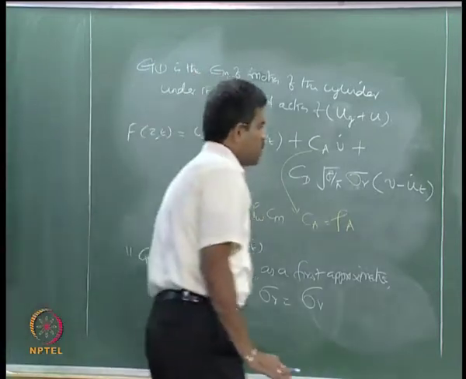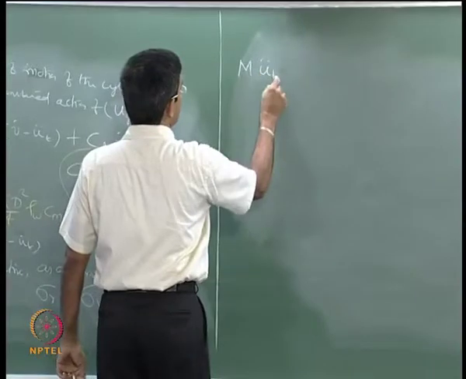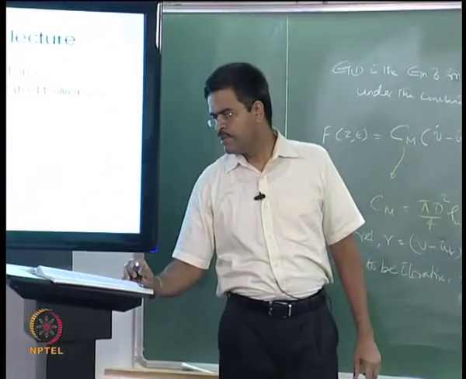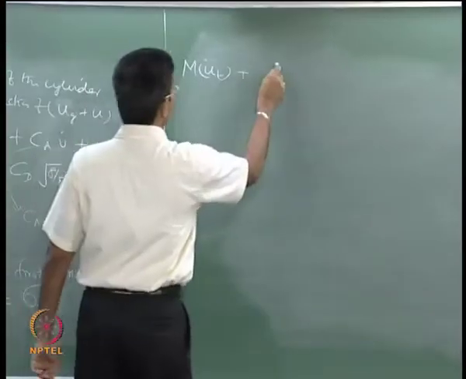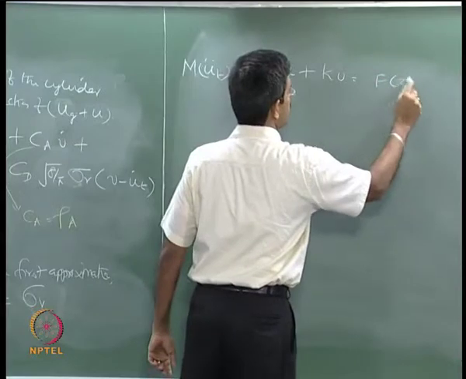So let me rewrite this equation again, okay. M u double dot total plus C u dot plus K u is f z of t.